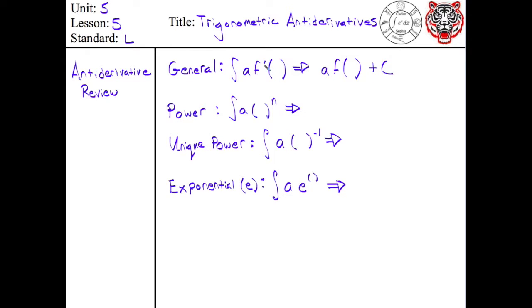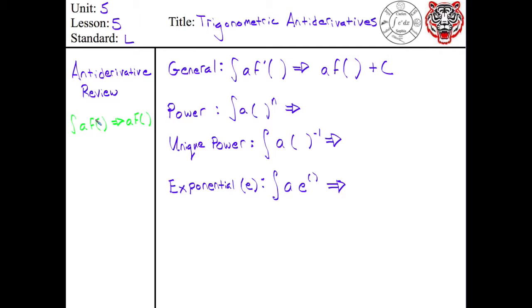You just get rid of a prime. And we'll make a note here, if I have an integral of a f, this is going to turn into a capital F in parentheses. A capital F means I'm going backwards from our normal f.